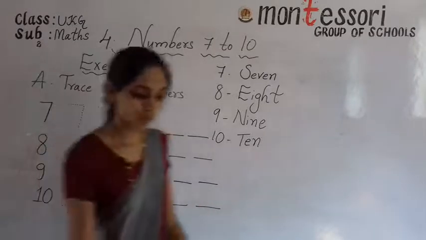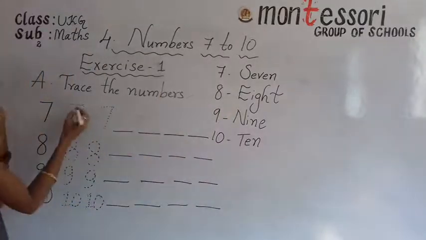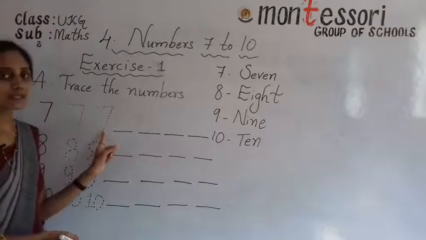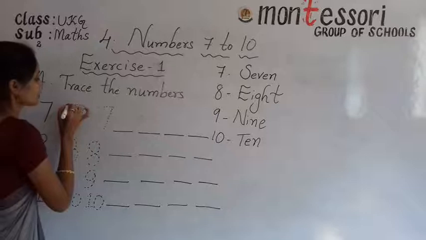Now, all of you take your pencil. First, two numbers are given as dotted numbers. First, you have to trace those two numbers.